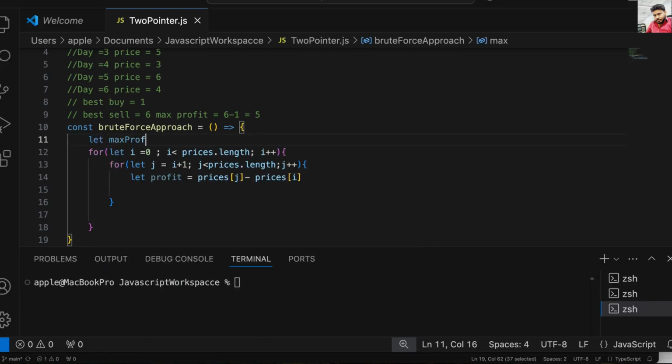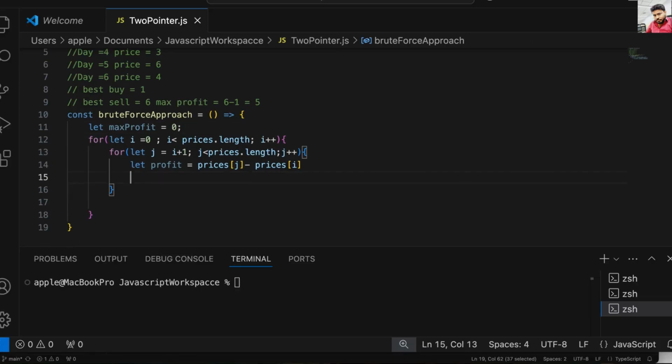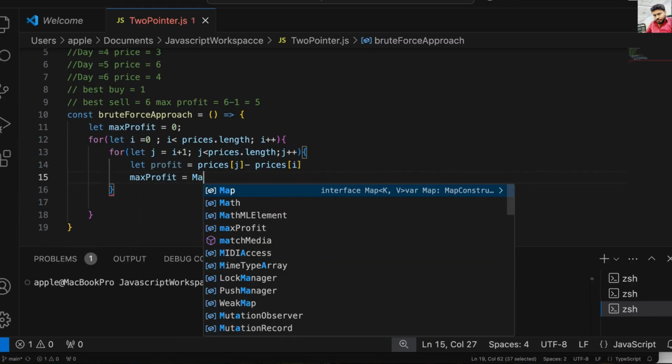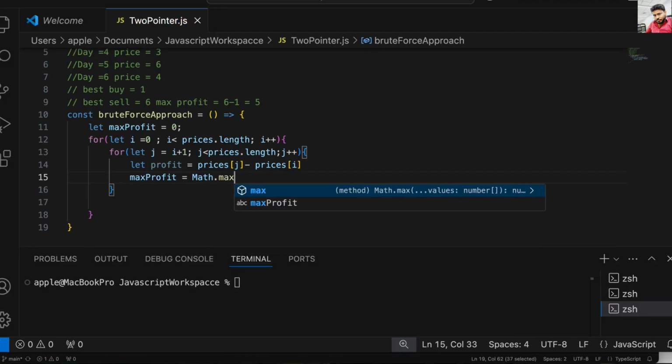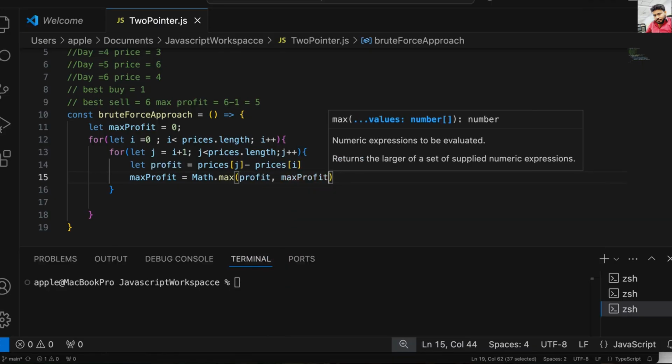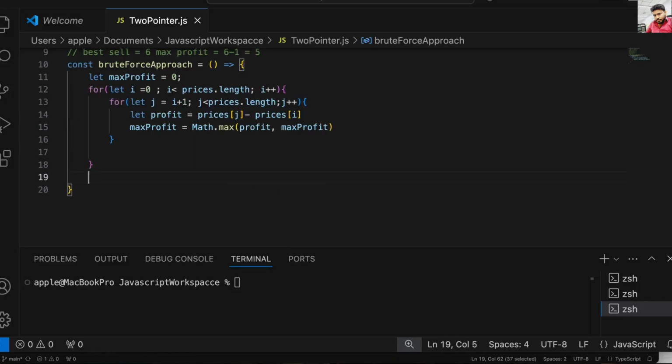Initially I am declaring it as 0. Max profit is equal to Math.max of profit comma max profit. So I am returning the max profit here.